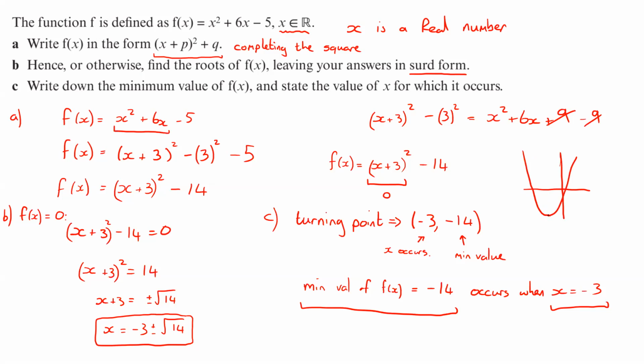So this point here occurs when this is minus 3 and this is minus 14. So again, that's a quick sketch for that. This value here would be minus 5, and hopefully you understand where I'm getting these points from now. But there's that going on for you.